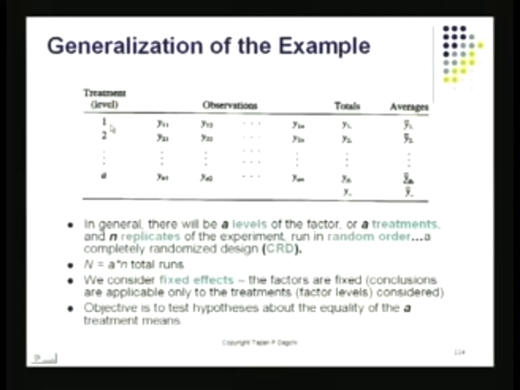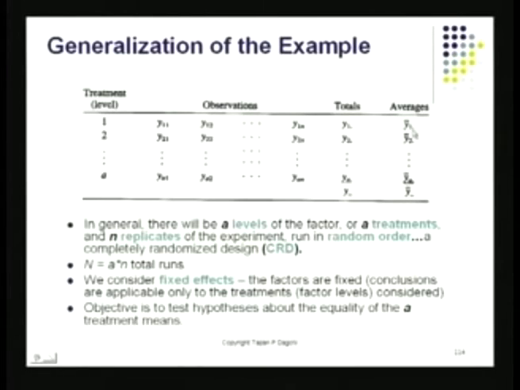Treatment levels are like those 4 settings that I had: 160 watts, 180 watts, 200 watts, and 220 watts. Here, let's say that I've got 1, 2, 3, 4 up to small a, different levels of treatment. And I have replications which go from 1 to n. These are replications possible.